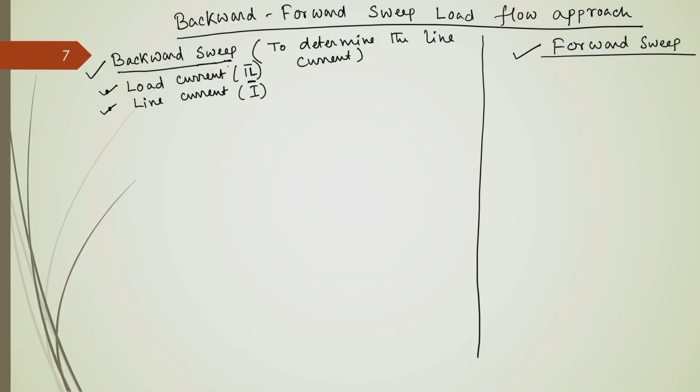First, how do you find out this load current? As you know, V phasor I phasor conjugate is equal to, I am writing I L phasor, because it is related to this load current. This is equal to P plus j Q. Okay.